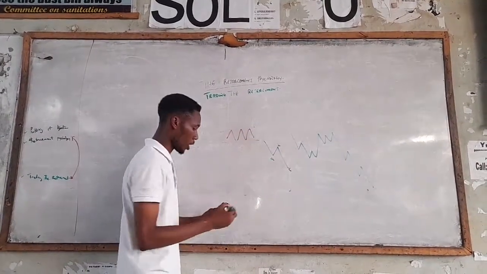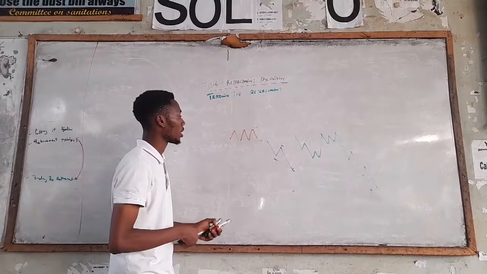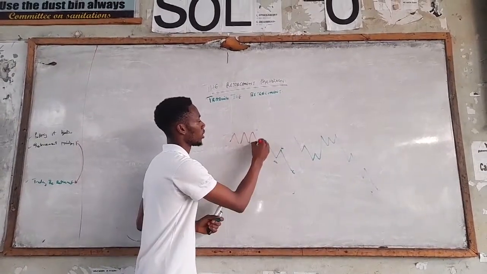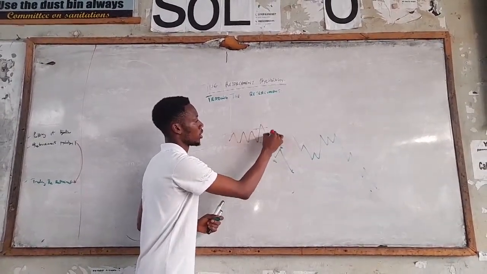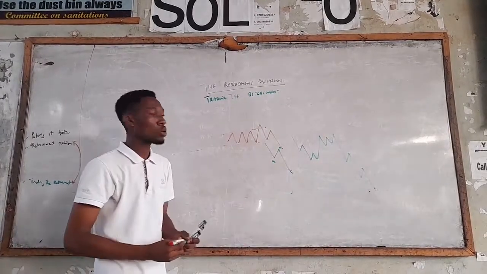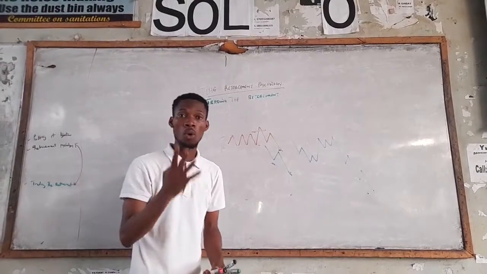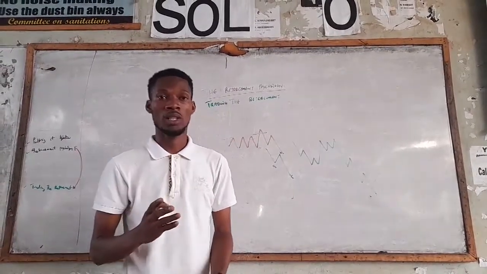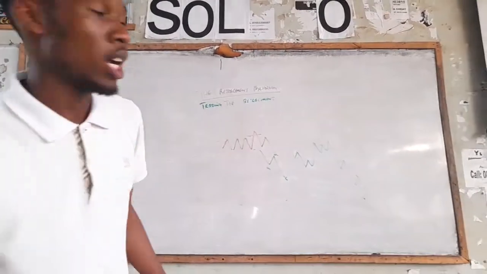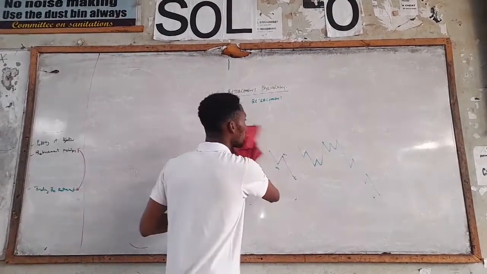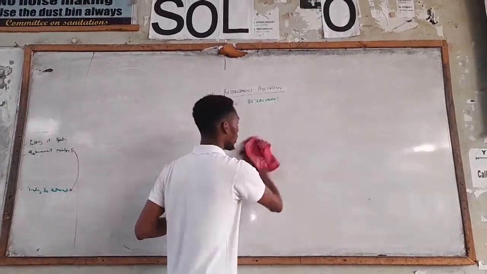Sometimes you can have this rectangle. So the retracement comes in so many different ways, and it comes in 4 different formats. I'll be taking a deep look into all these 4 formats.